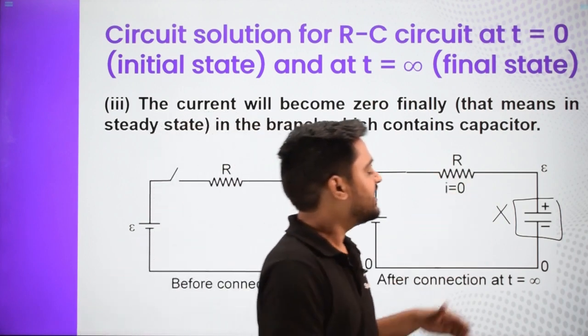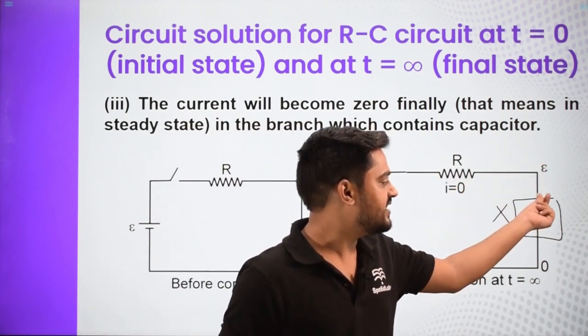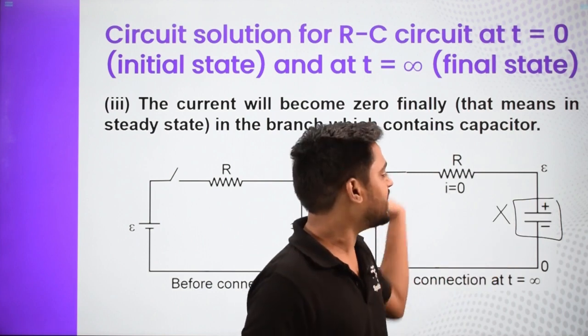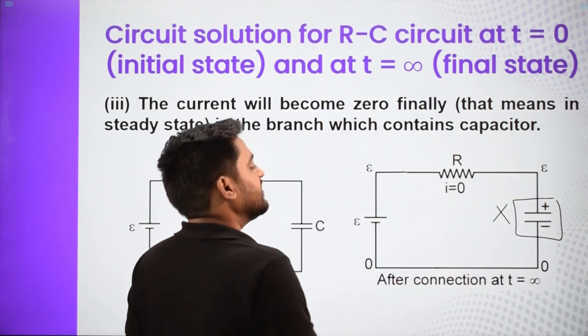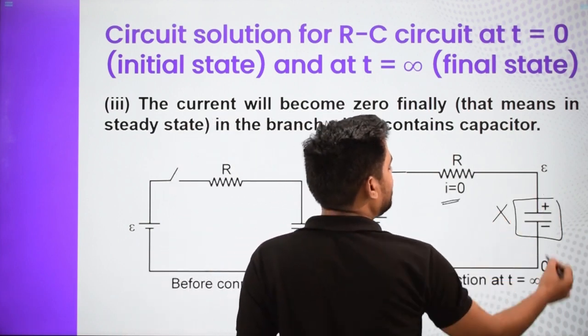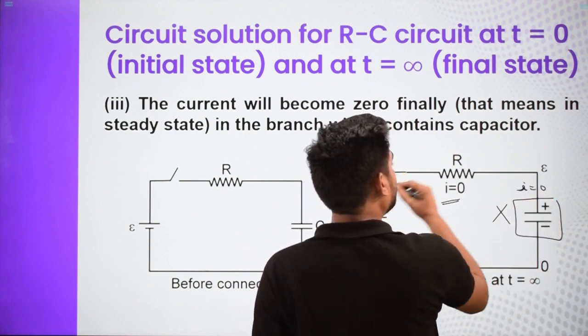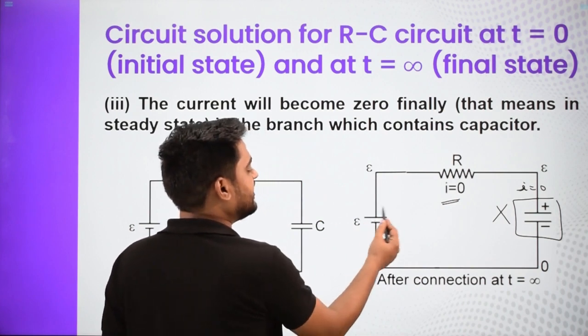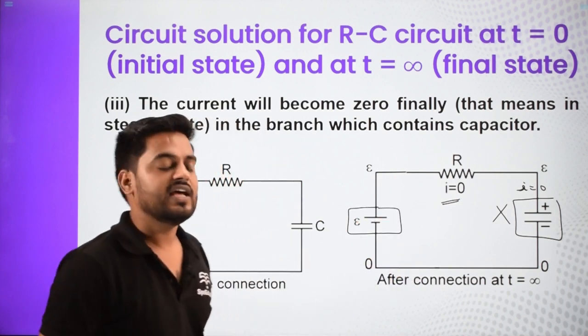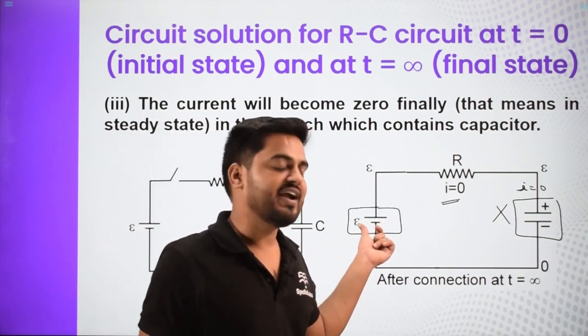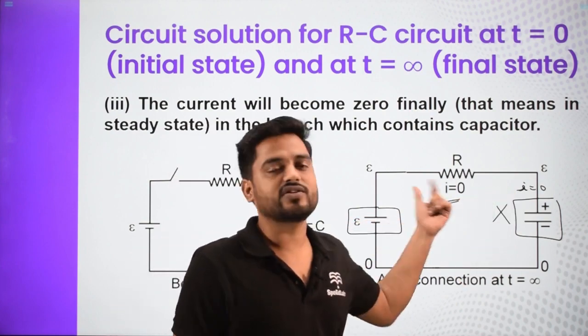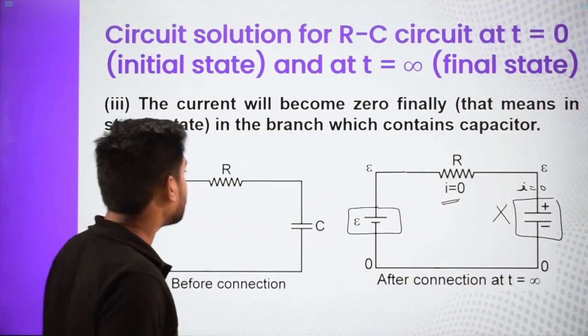It does not have the ability to take out any more charge, and hence the current in the branch of the capacitor has to be zero. If there is no current over here, then no current should be coming from the battery. So the battery won't be giving out any current. The entire potential difference of the battery is across the capacitor, not across the resistor.